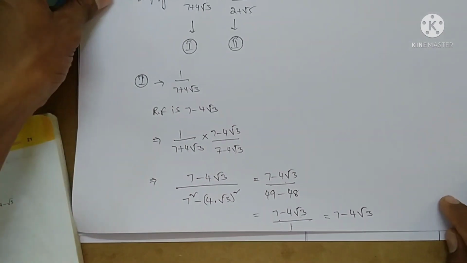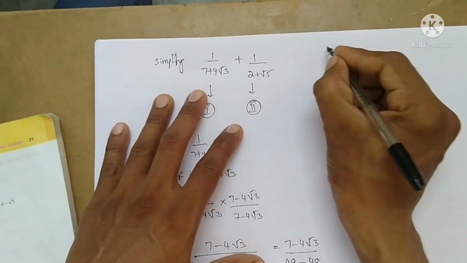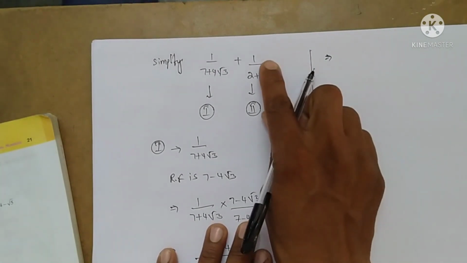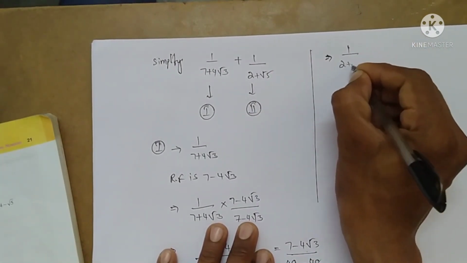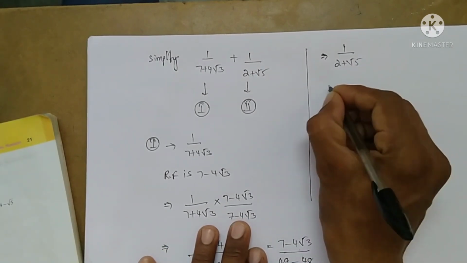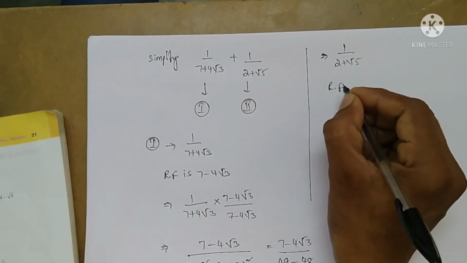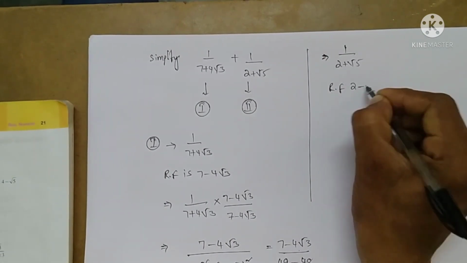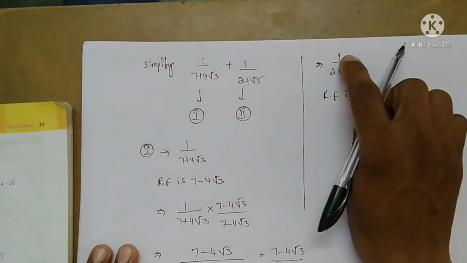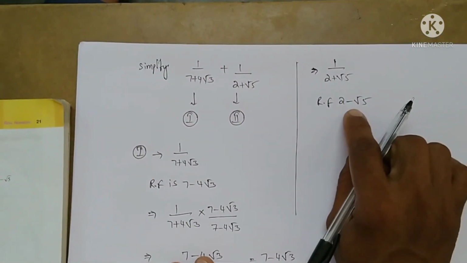So simplify equation 2. That is equal to 1 by 2 plus root 5. So here the rationalizing factor is 2 minus root 5. So multiply numerator and denominator with 2 minus root 5.